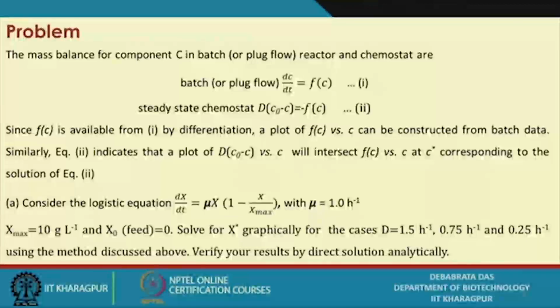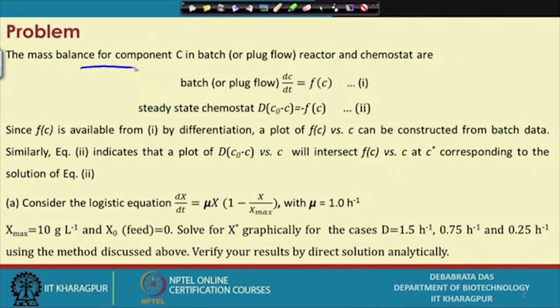Let us start with the first problem. The problem says that the mass balance for component C in batch or plug flow reactors and chemostats is as follows. For batch and plug flow reactor, dC by dt equals Fc, which is a function of C, and for a steady state chemostat, D(C0 minus C) equals minus Fc.